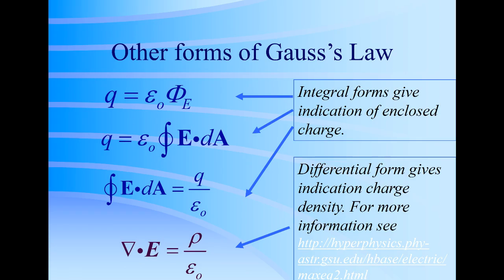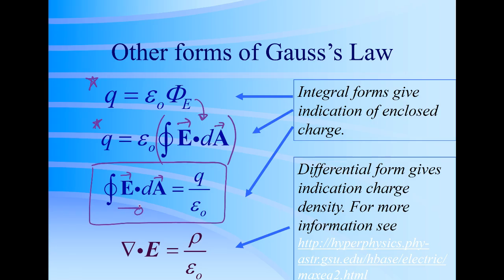Okay, this was the first one that we saw, Q equals epsilon naught times the flux. Now you can also replace the flux with the actual expression for it, which is the surface integral of E dot dA, and that can be helpful. But the way that I prefer to write Gauss's law is as follows: the surface integral of E dot dA is equal to Q over epsilon naught.